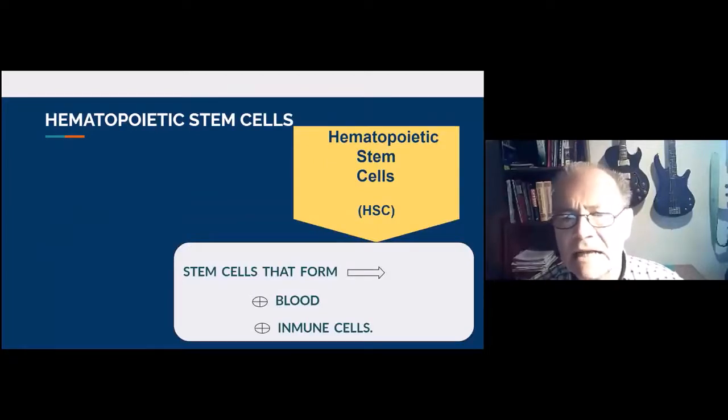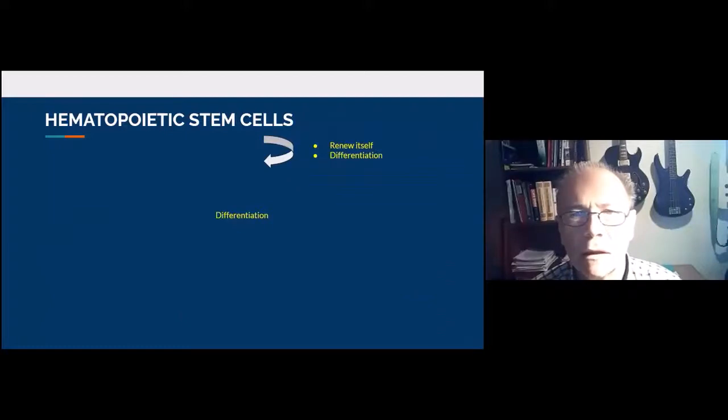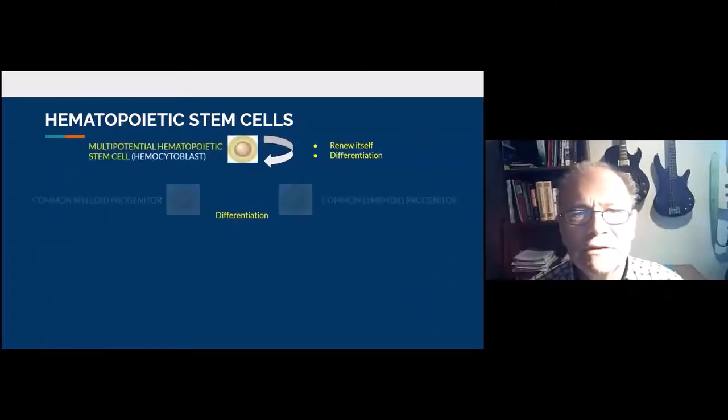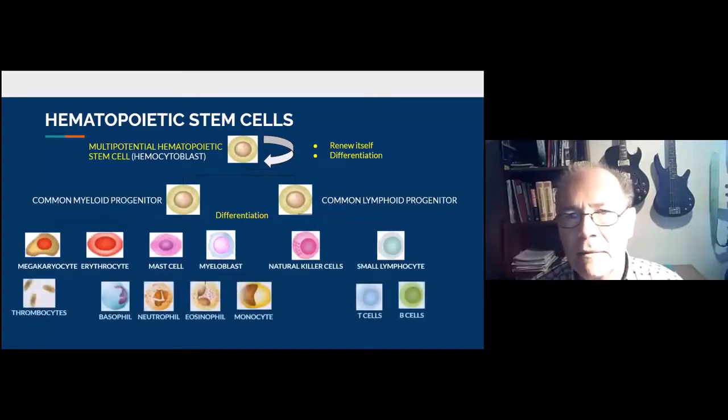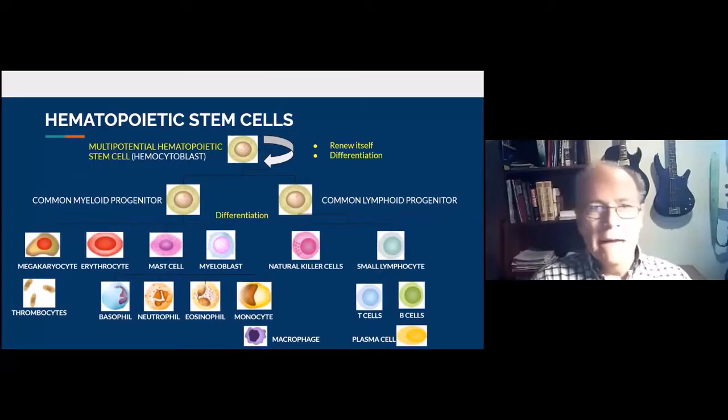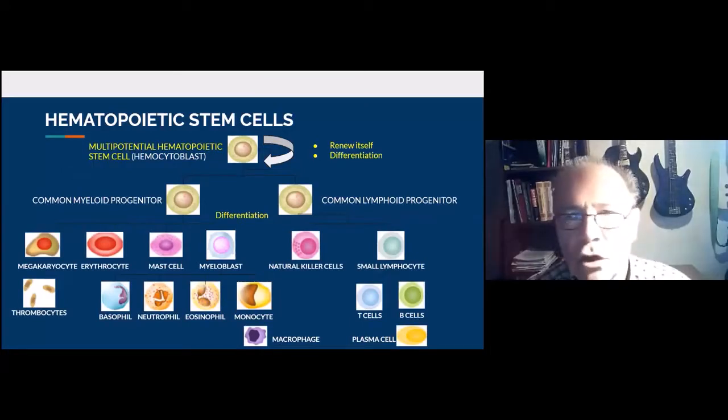The stem cells that form blood and immune cells. The multipotential hematopoietic stem cell has a very important role in hematopoietic stem cell collection, because this very complex hematopoietic function has many activities in the bone marrow.